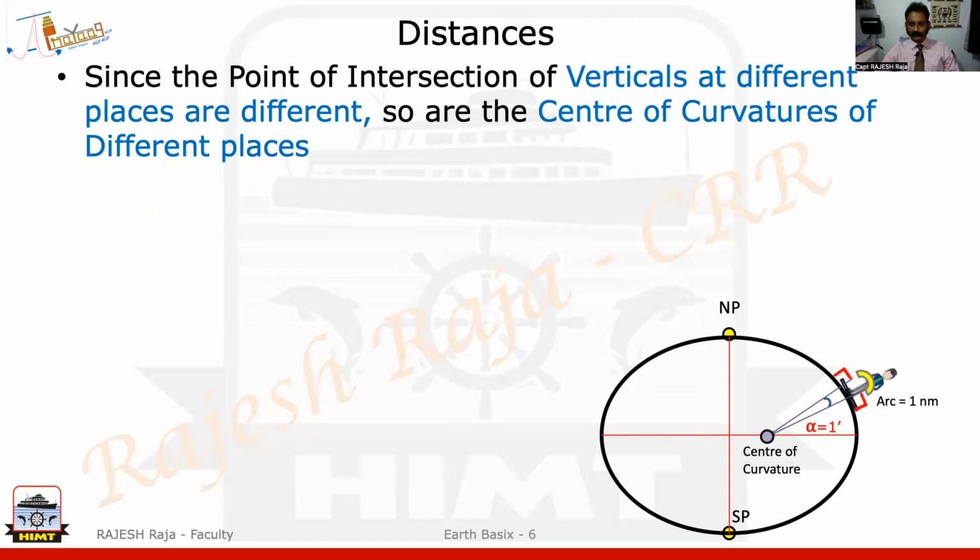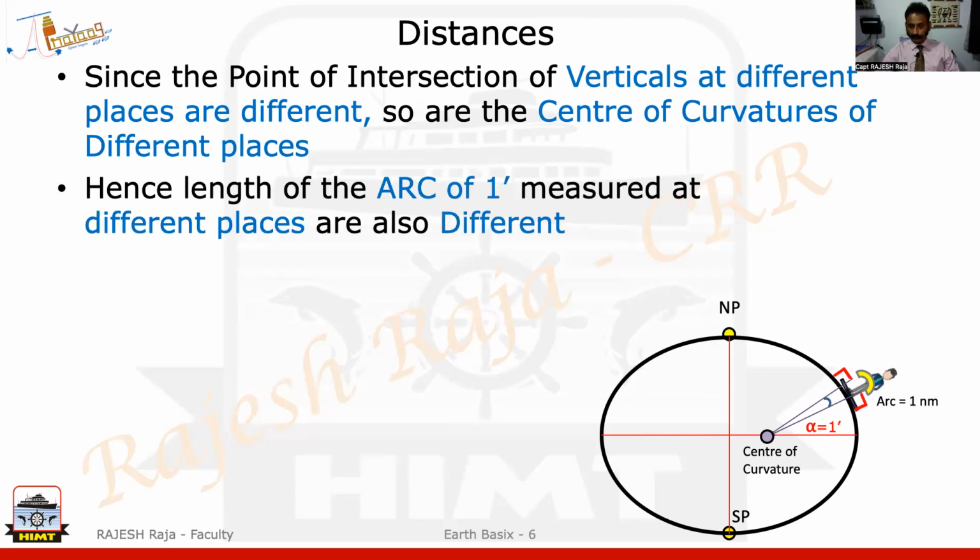Okay. So what happens is when the curvature is not the same, the person standing at different places on the earth will have different centers of curvature. So I'm going to show you one more place. What is the end result of this? This means the angle can still be 1 minute, but the arc subtended because of the change of curvature will be different.